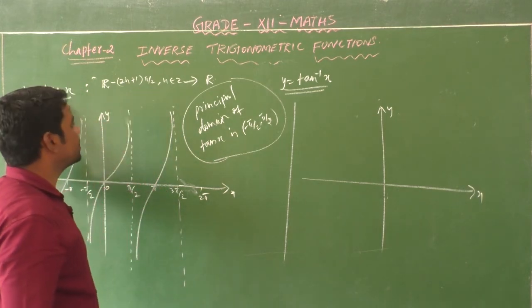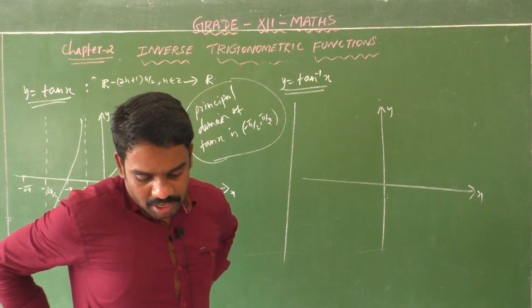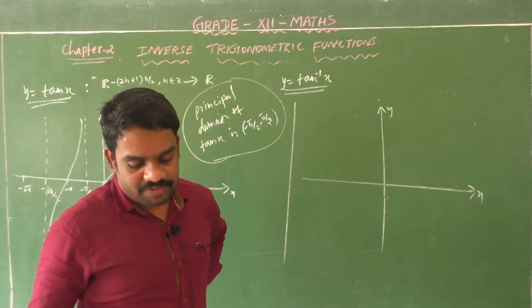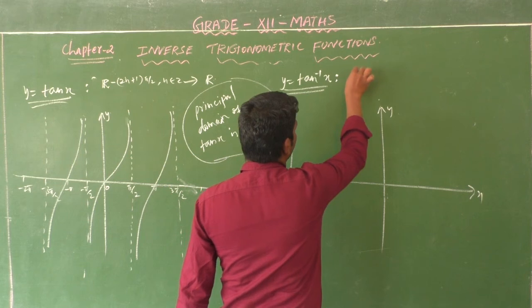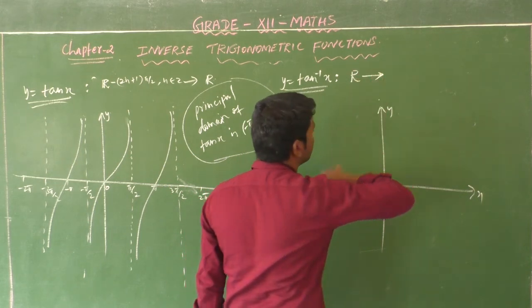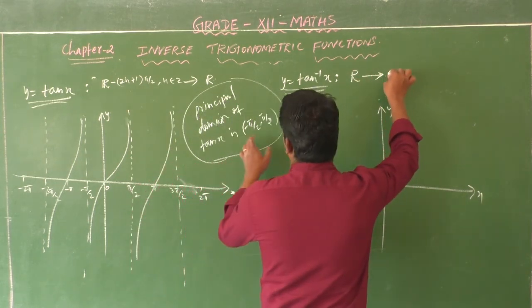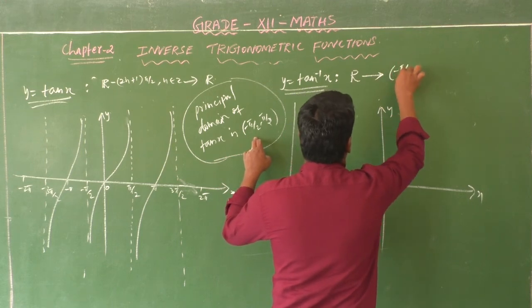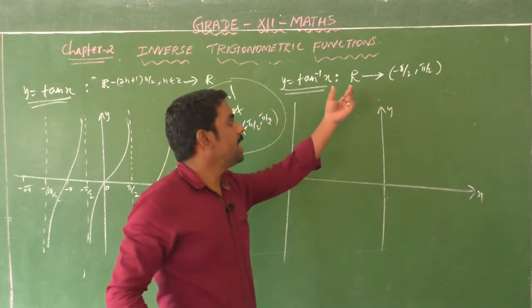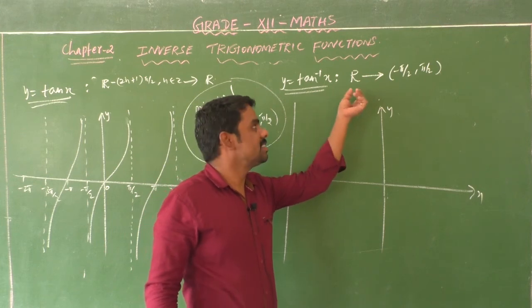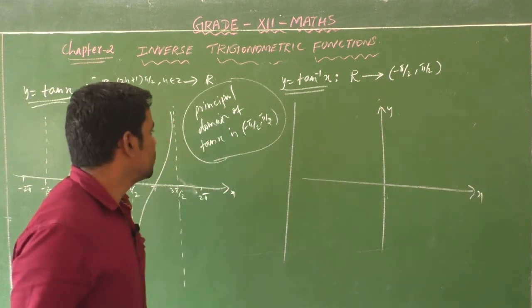Here the range of tan x is R. So this function tan inverse x maps R to the principal domain, the open interval minus pi by 2 comma plus pi by 2. The domain of tan inverse x is the set of all real numbers.